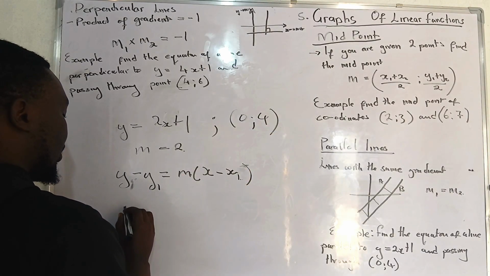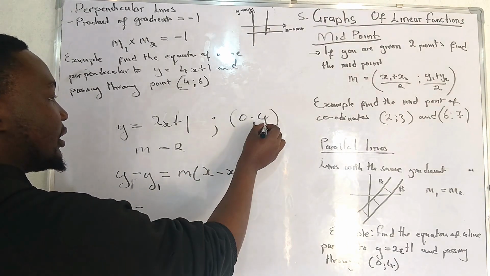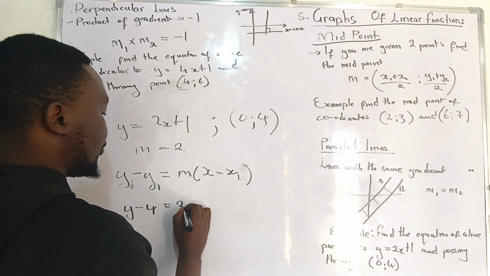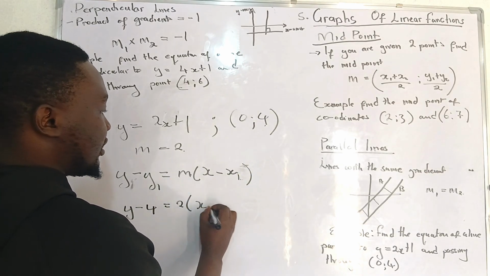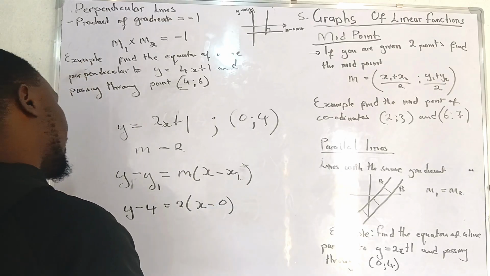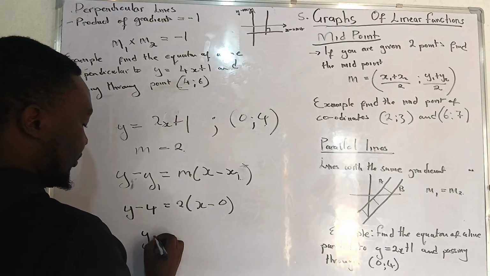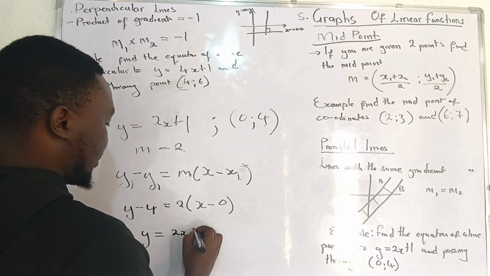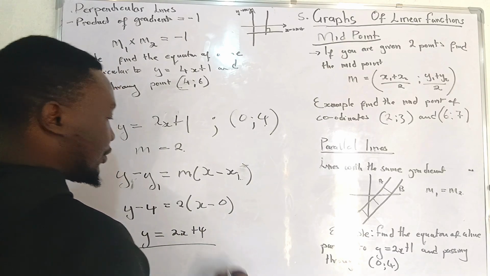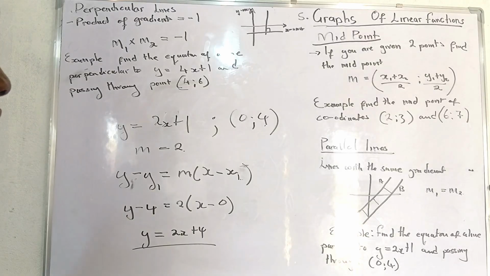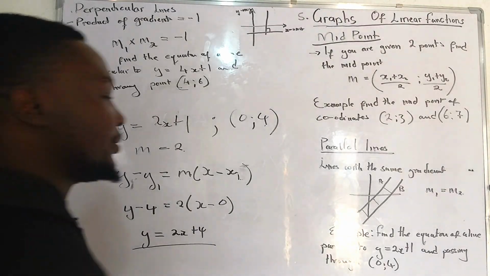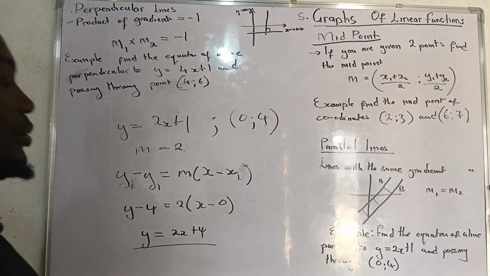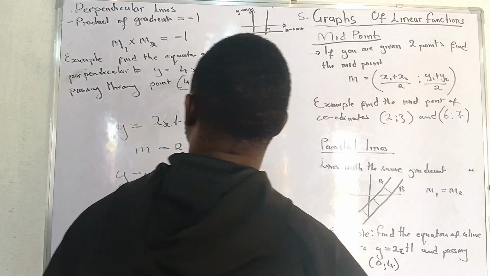So we say y minus 4 is equals to m, our m is 2, and x minus 0. So we are going to have y is equal to 2x plus 4. So this is a line parallel to this line. That's how we use parallel lines to find the equation of a line.